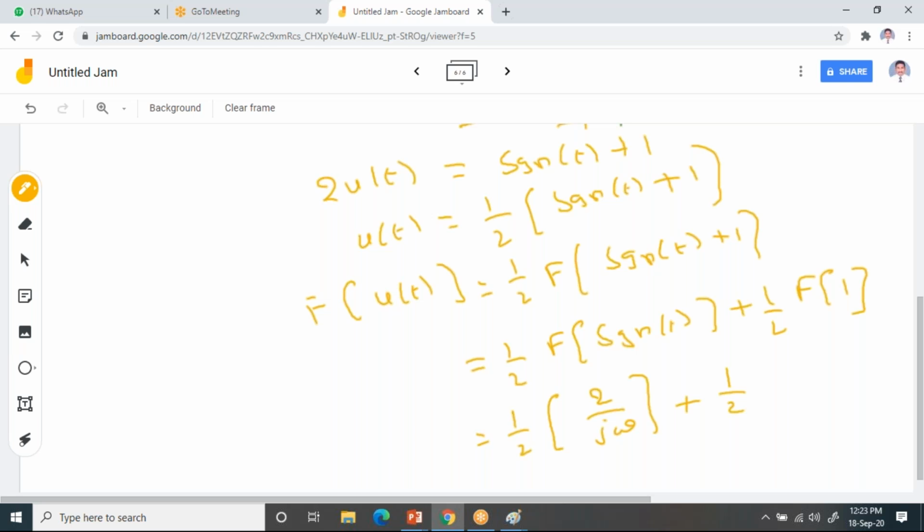Here the amplitude is 1. So can I write it like this, 2 pi into del of omega? Right? Yes, sir. Did you understand?